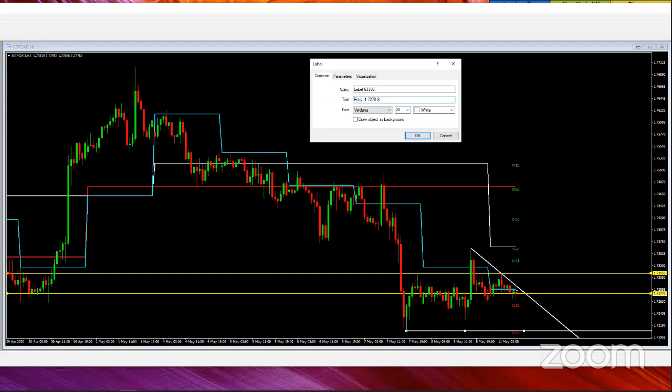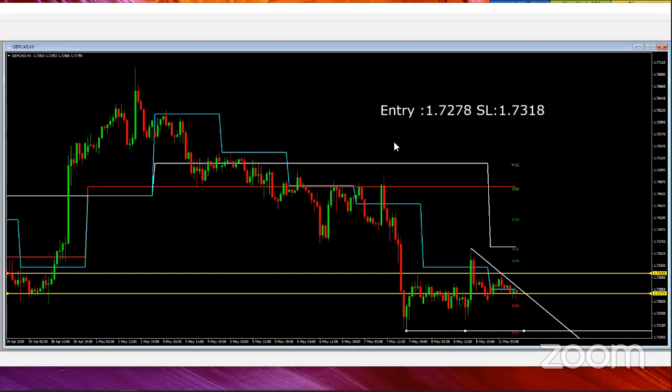Stop loss is 1.7318, and the target is going to be that lower line down there, which I can't now measure.